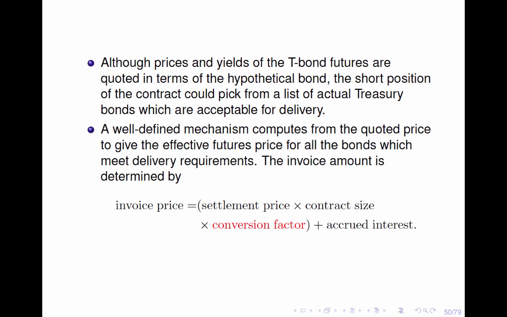A well-defined mechanism computes from the quoted price to give the effective futures price for all the bonds which meet delivery requirements. The invoice price consists of two parts: the claim price and the accrued interest, where the claim price equals the settlement price times the contract size times the conversion factor of the bond chosen for delivery.